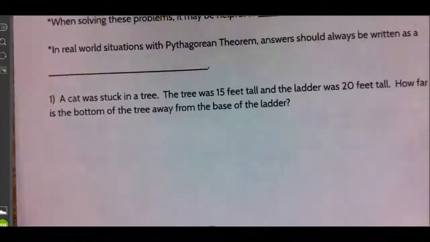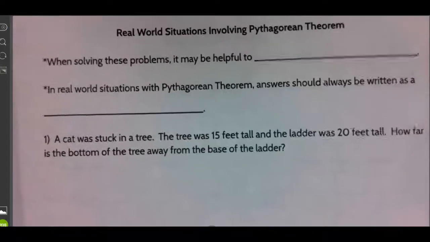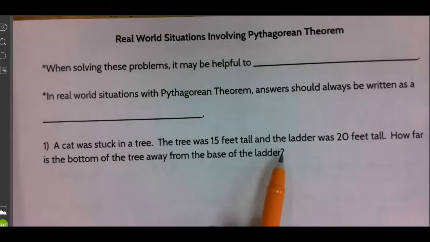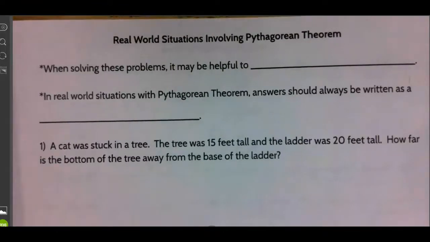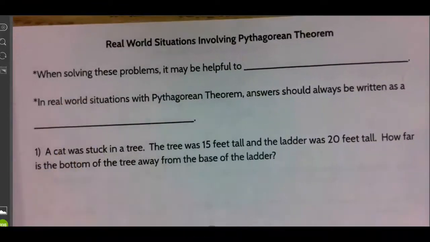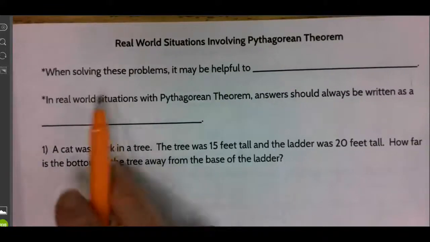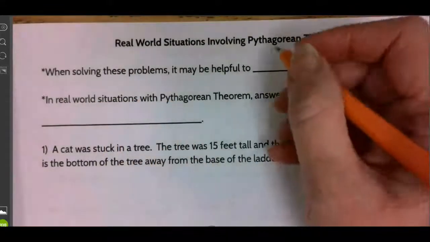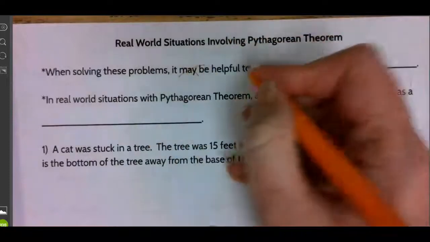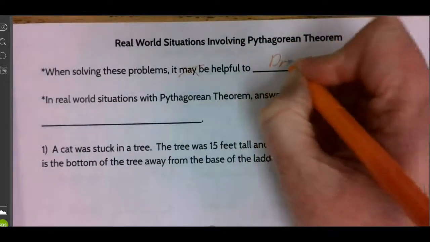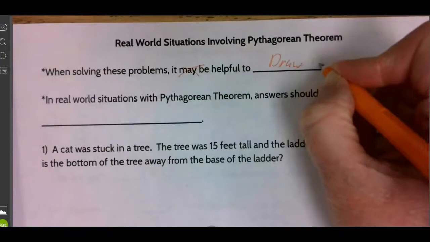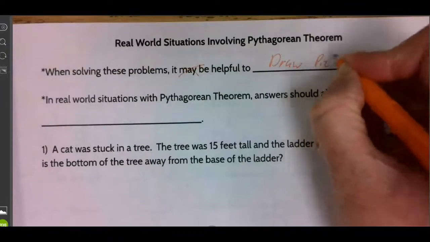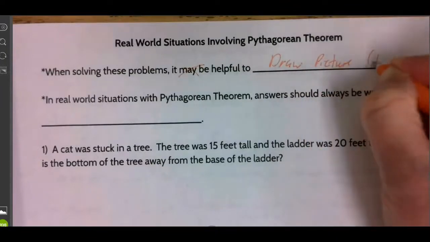Good. Backside. Okay, now is when it gets even better. I know that this might be surprising, but word problems in Pythagorean Theorem are just fun. They are just so cool, and you feel pretty smart after you do them. When solving these problems, it is helpful to draw a picture, and we're going to pretty much draw a triangle every single time.